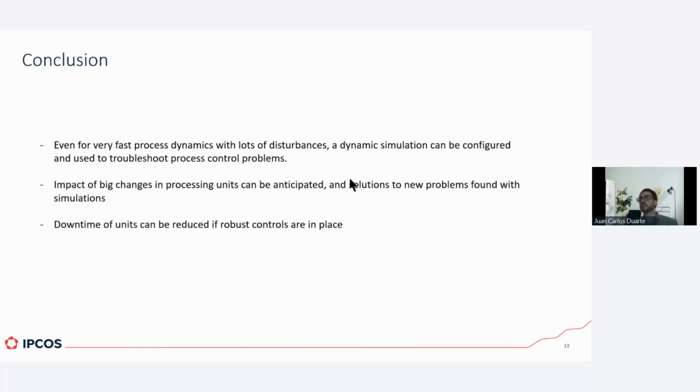That's one example. Then there's another example that is currently going on, and it's another network we're also doing a dynamic simulation of. But in their case, they actually want the simulation to try and improve the control. They are not going to change boilers, but they want to evaluate some changes in the consumers and see how those additional disturbances are going to impact the network, and how we can improve the controls for the network.